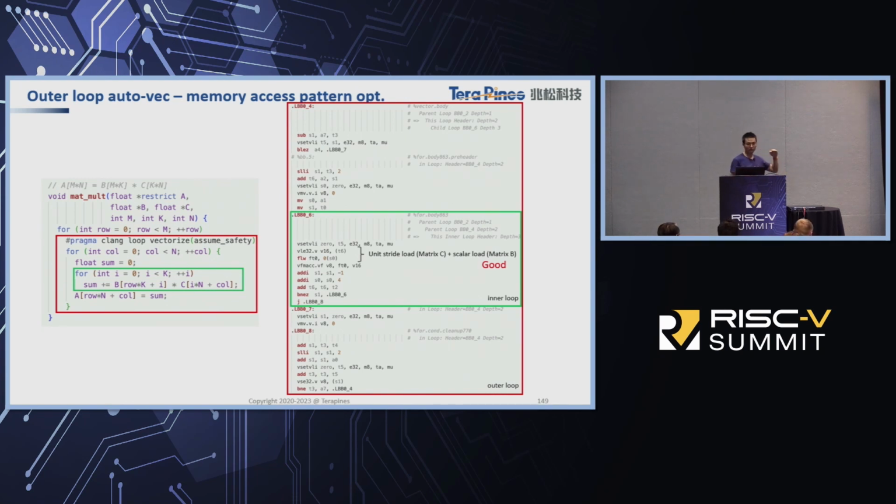If we auto-vectorize the second level of the loop, you can see all the memory access patterns have been optimized into unit-stride memory nodes, and matrix B has been optimized into a scalar node. So this is an amazing performance improvement against inner loop optimization.